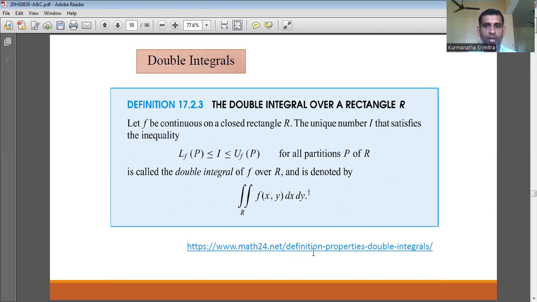The double integral for the rectangle R is defined as follows: let f be a continuous function on a closed rectangle R. The unique number I that satisfies the inequality between the lower and upper sums for all the partitions P of R is called the double integral of f over R. The notation is the symbolic representation of the integral: double integral over R f of x comma y, with two variables x and y, dx dy.